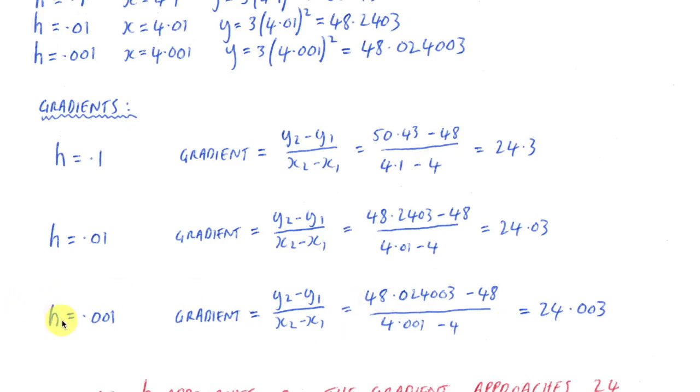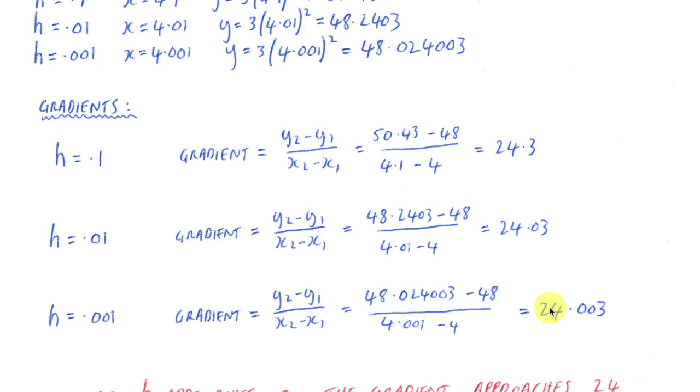Again, I can be more accurate. And now let's make the horizontal distance between the 2 points equal to 0.001. So it's almost on top of it. And you can see that my change in y over change in x produces a gradient of 24.003.